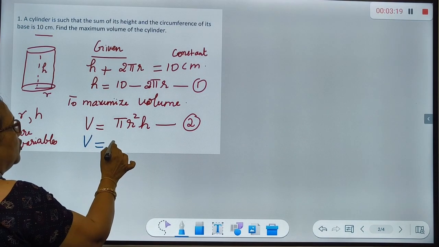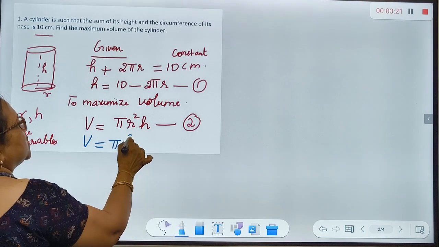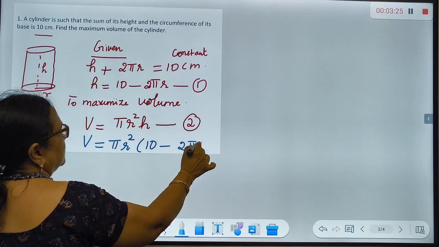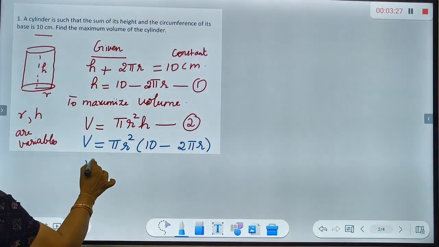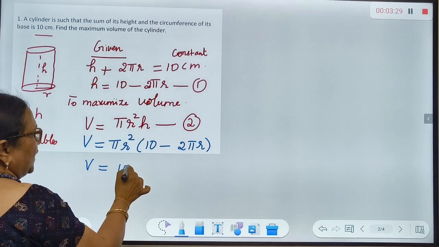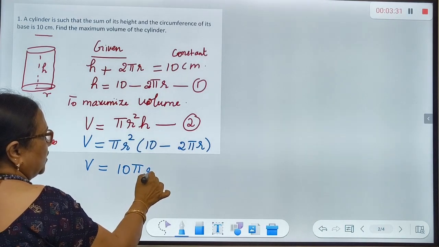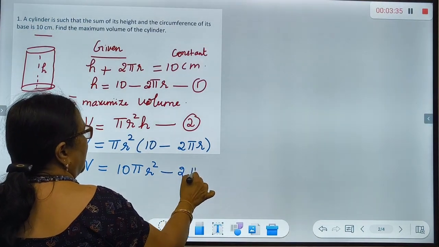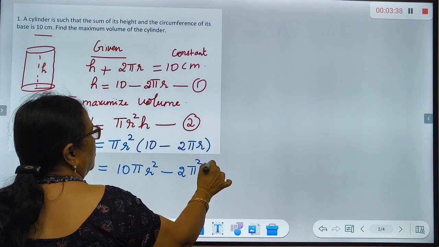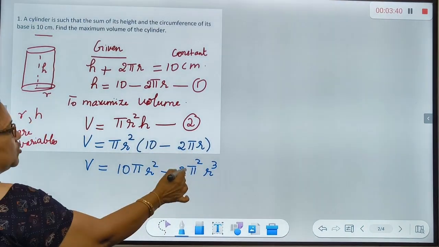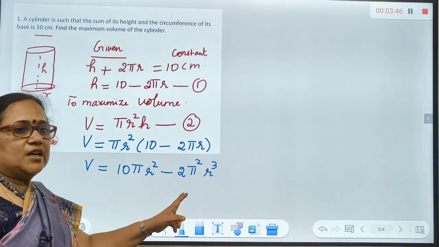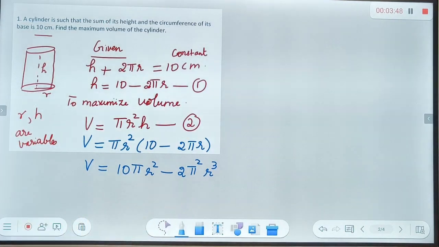So V is equal to pi r square into 10 minus 2 pi r, or V is equal to 10 pi r square minus 2 pi square r cube. Pi into pi, pi square, r square into r cube. So this is the volume, now expressed in terms of a single variable, r.